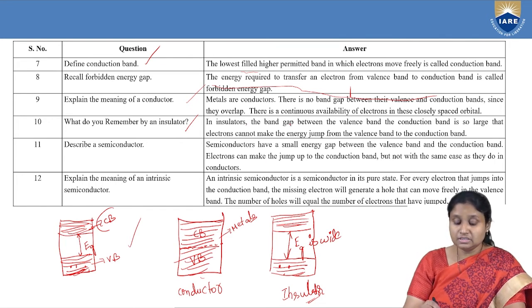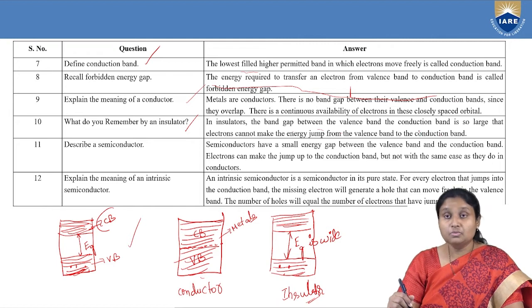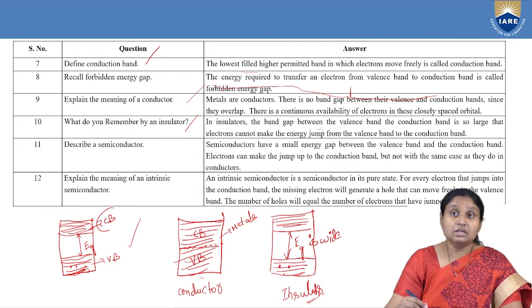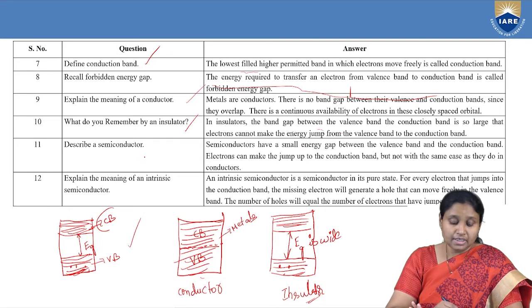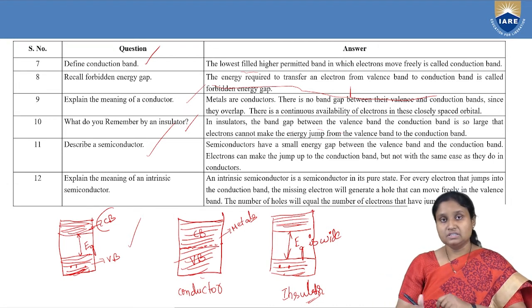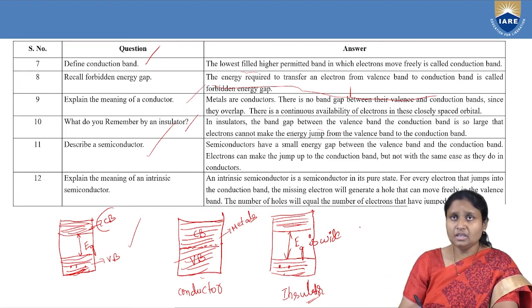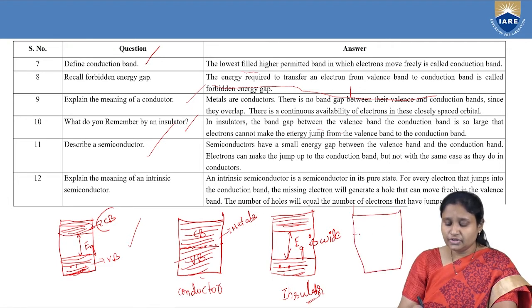So we cannot make an insulator a conductor. In insulators, the band gap between valence band and conduction band is so large that electrons cannot take energy and jump from valence band to conduction band. Then talking about our semiconductors, which is our main material of consideration. In case of semiconductors, the width of the forbidden energy gap is very, very small.